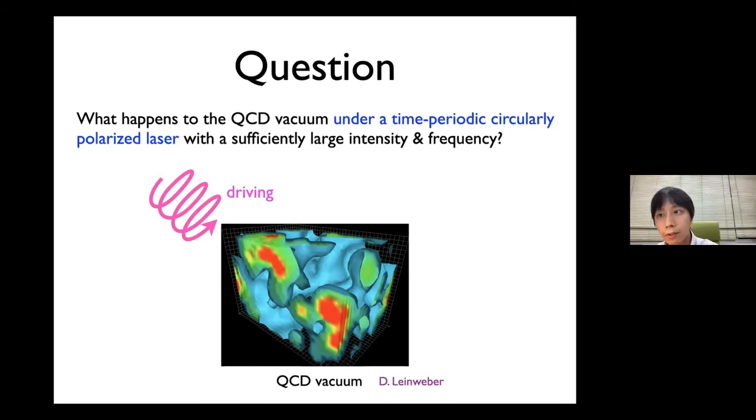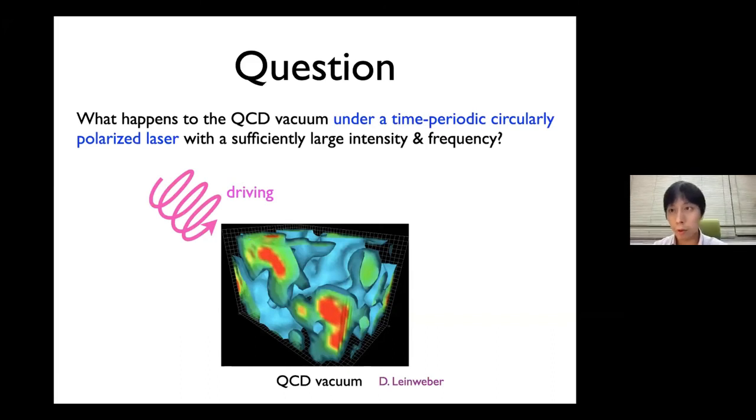The theoretical technique to attack this kind of question of quantum many-body systems under the periodic laser field is the Floquet theory. The Floquet theory is widely applied in the context of condensed matter physics to realize novel states of materials under the laser field.